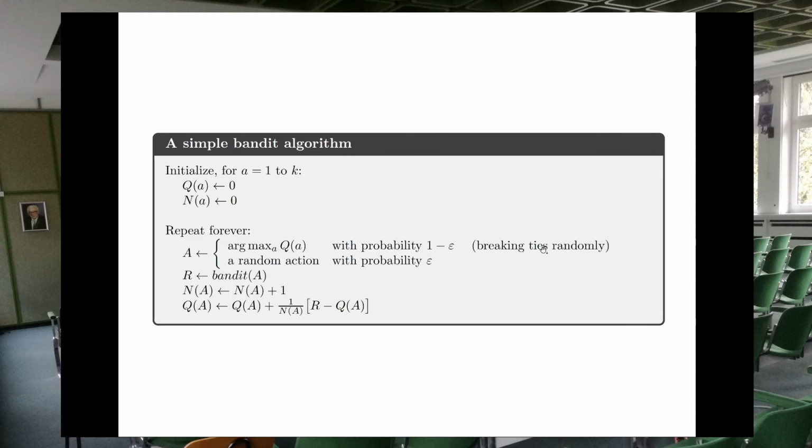So to break this tie, we simply select a random action. If many of the actions have the same largest Q value, it doesn't make any difference which one you select, so you just select a random action among these actions with the maximum value. Well, that is with probability 1 minus epsilon. With probability epsilon, you will select a random action, and consider that this random action could even be the greedy action.